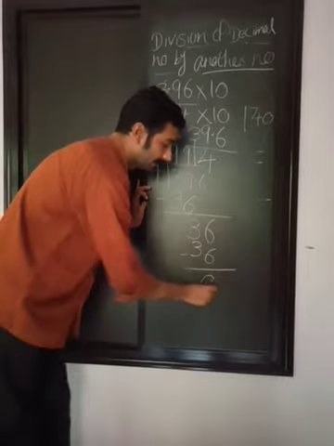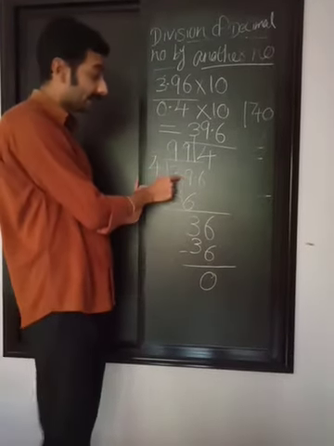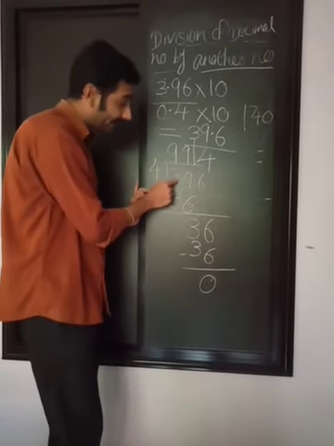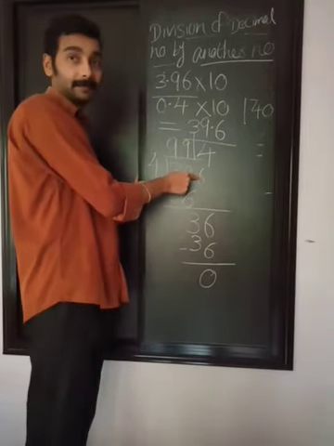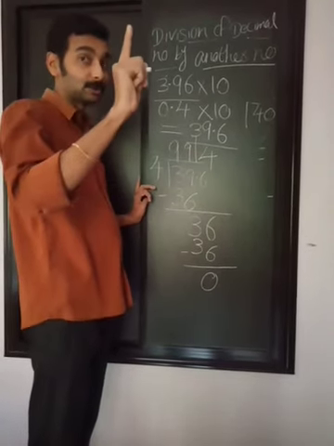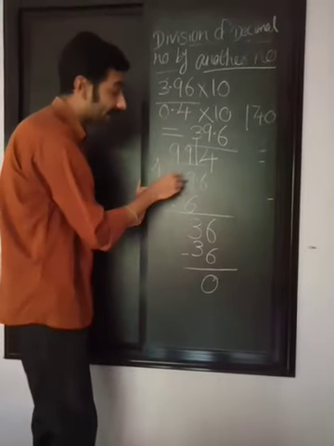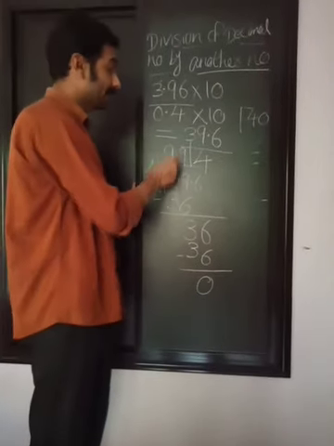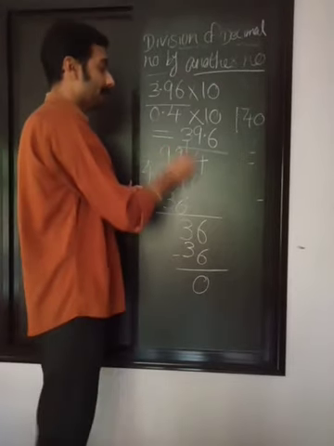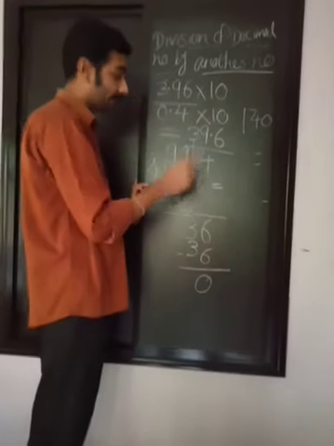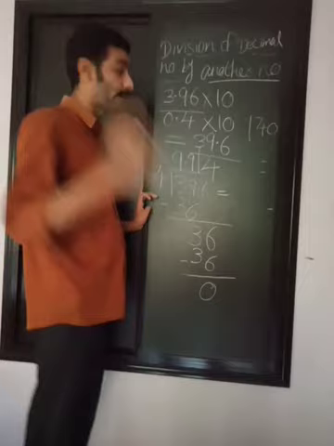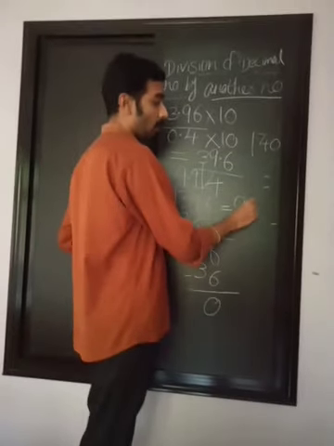Then 0. But it is in the form of decimal, 39.6. Only one place of decimal. Answer is 99. But in case of this decimal, the answer is 9.9 because it is only one place of decimal. That is 9.9.